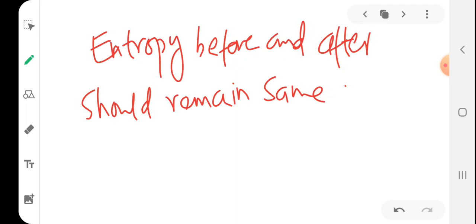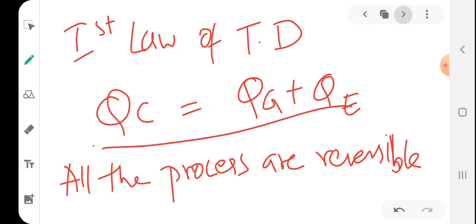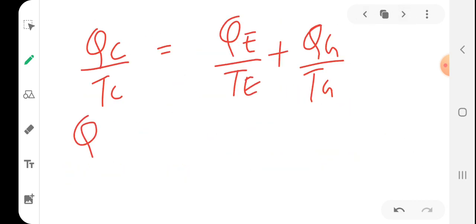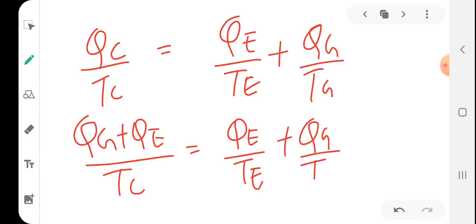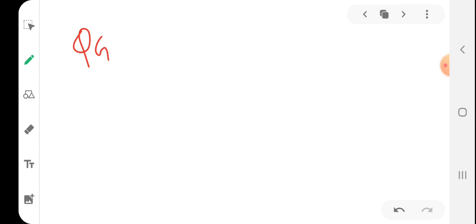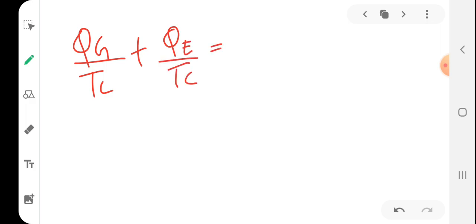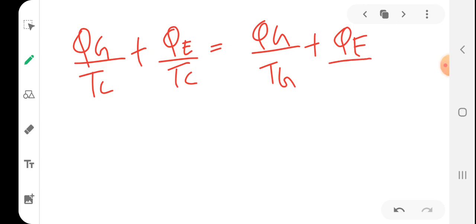From the earlier equation, QC can be written as QG plus QE. So QG plus QE, divided by TC, equals QE by TE plus QG by TG, right? You can split the left-hand side as QG by TC plus QE by TC, equal to QG by TG plus QE by TE.